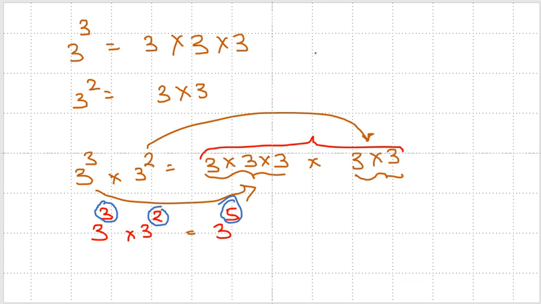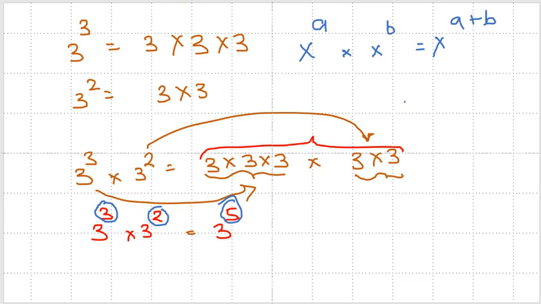So what we can then say is that for every base x, x to the power a multiplied by x to the power b is going to be x to the power a plus b. Now we have talked about x as a whole number, right?